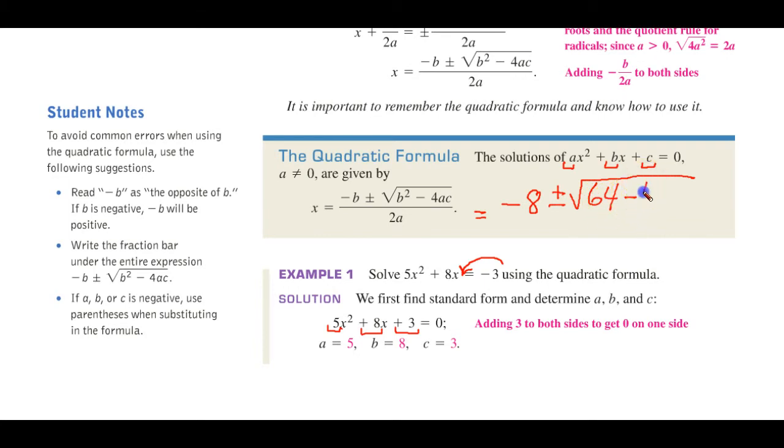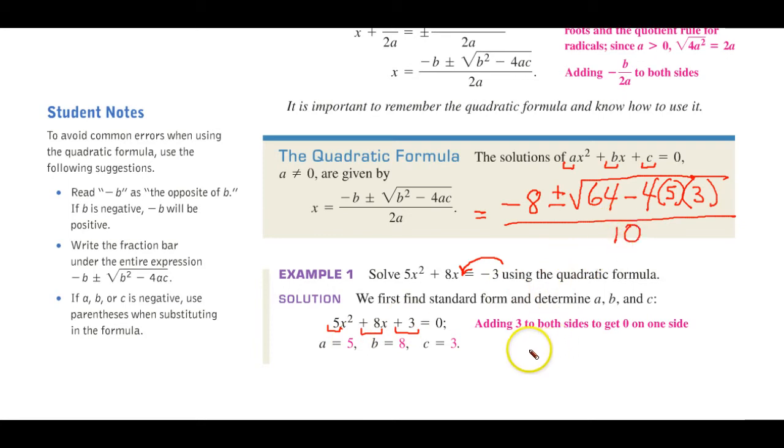Now minus 4 is in the formula. Now our a we said was 5. Put it in parentheses. And our c was a 3. And then to complete our substitution, we're just going to go 2 times a. We said a is 5, so this becomes a 10.